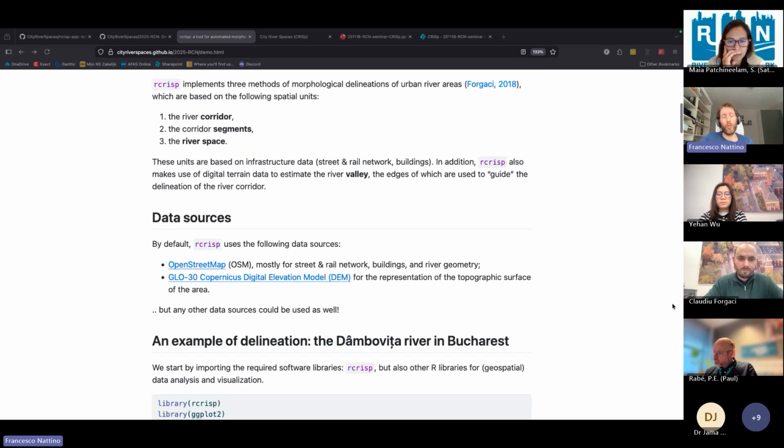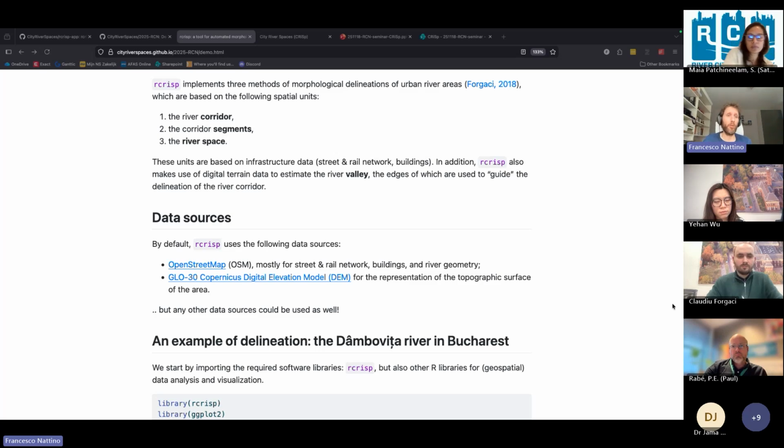In order to draw these delineations, Rcrisp needs some input data, and by default, Rcrisp uses two main sources, which are OpenStreetMap for all the infrastructure data, so street and rail networks, buildings, and other things like the river geometries and city boundaries.